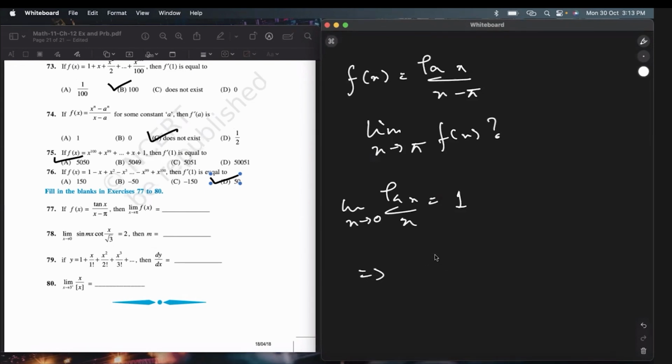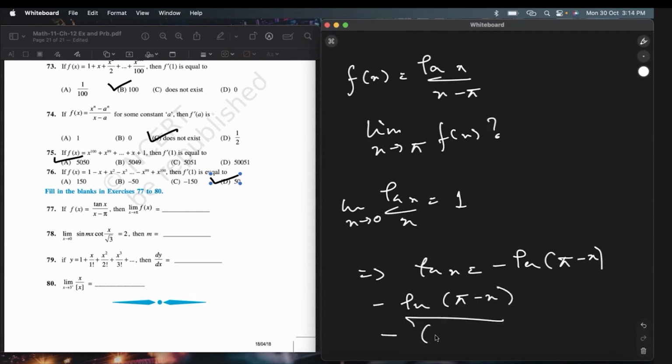If I write tan x as tan of pi minus something, the ratio will not change, but there will be a minus sign. So I can write tan x equals minus tan of (pi minus x). That is the catch in this question. I can write this as pi minus x, and in the denominator I have x minus pi, so I'll take minus outside, and there will be a pi minus x over here as well.